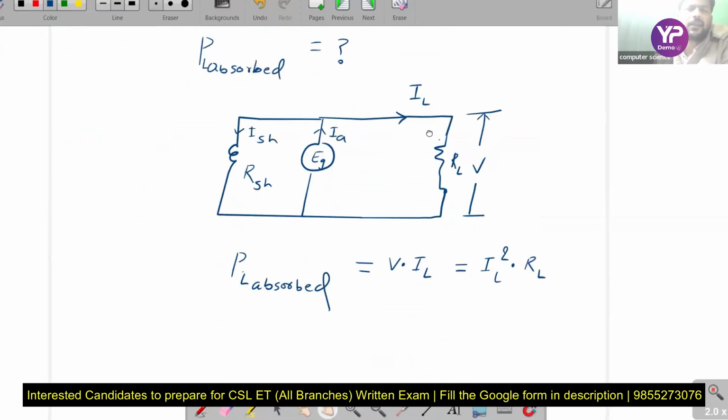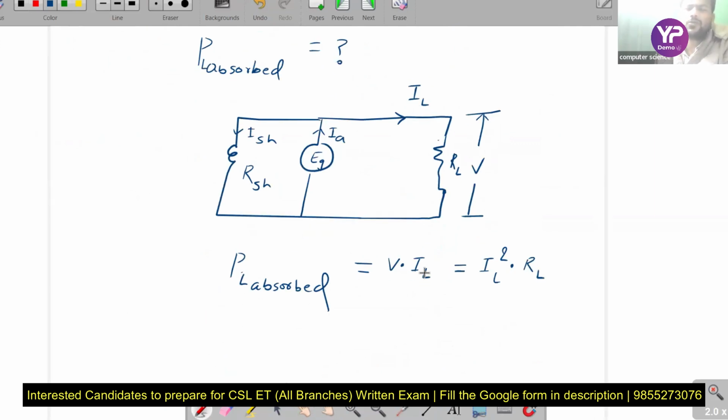If we find the current, the load resistance is given, and simply using this formula we find the load power. So we take this as equation 1. Our motive is only to find the current flowing through the load. If we find this value, we find the power absorbed by the load.